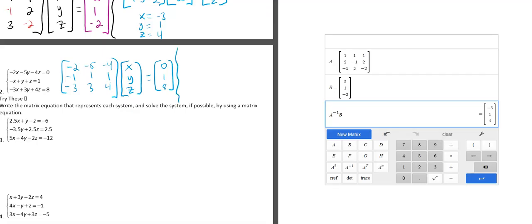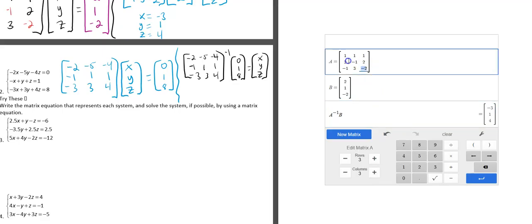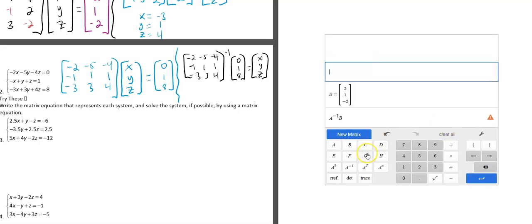I'm going to write it a little smaller. All right, I want the inverse of this, times our answer column matrix, and that'll give us x, y, and z. It's still a 3 by 3, so I'm going to redo A. Well, I'm going to clear all. I think it's easier just to do that.